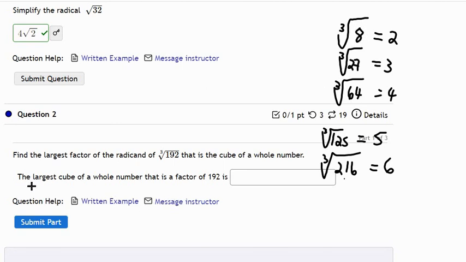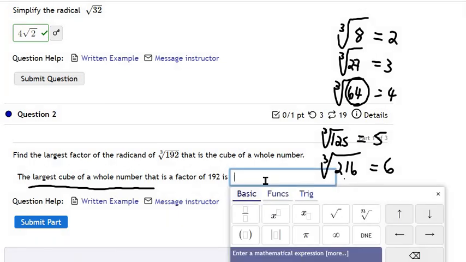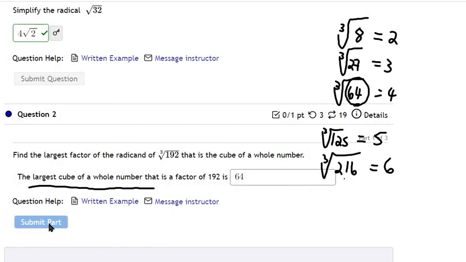But when it says find the largest cube of a whole number that is a factor of 192, that number is 64, because 64 goes into 192 3 times. And that's the largest one that goes in. So that's the answer for the first part, 64, and I submit that part.